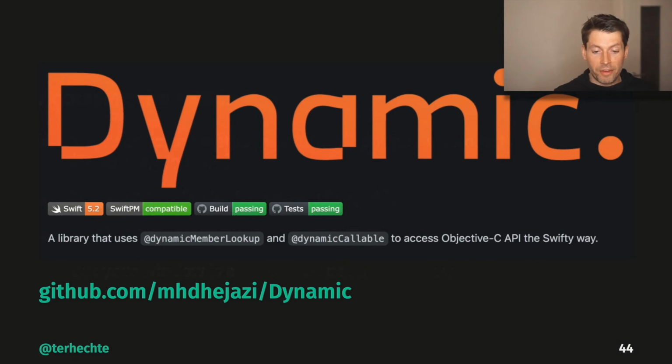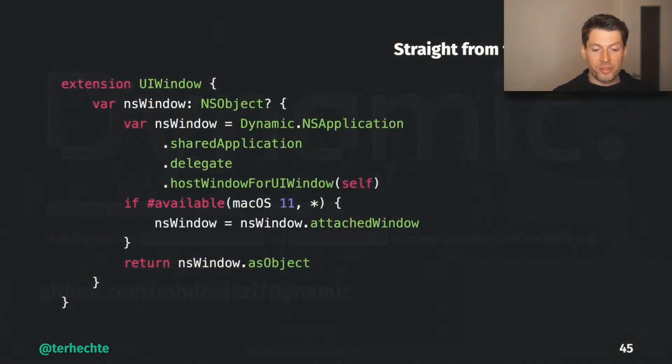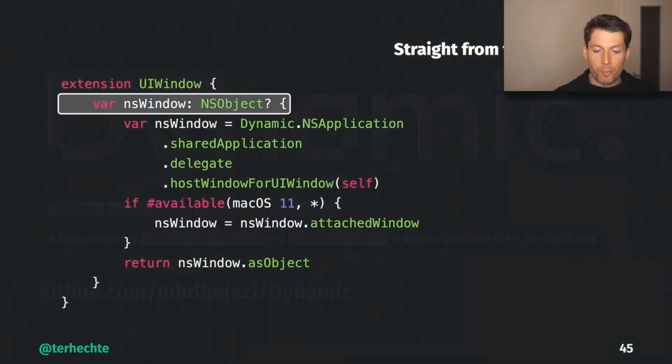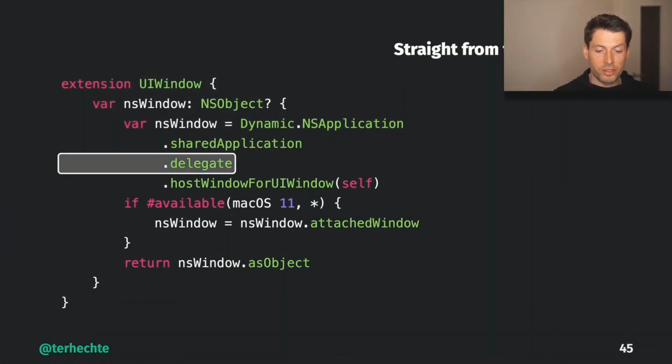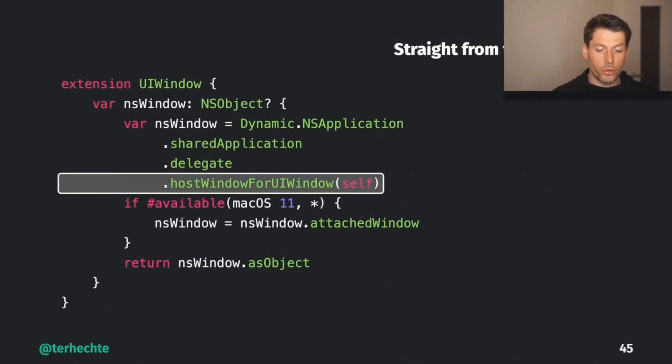And fun fact, straight from their website, they have the explanation of how you can access an NSWindow from a UIWindow on a Catalyst app. Now, just briefly, you take the NSApplication, you access the shared application, then the app delegate, and then you ask it for the host window for UIWindow, which is actually a method that Apple implemented.